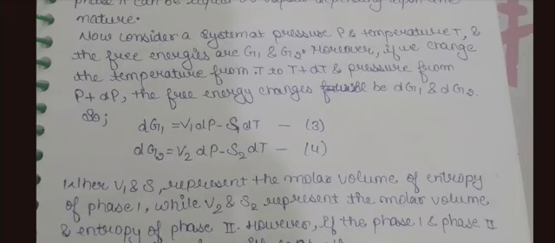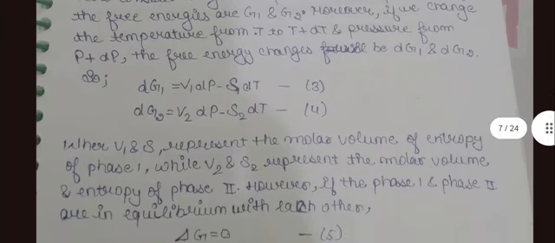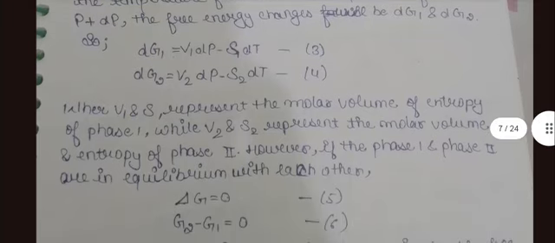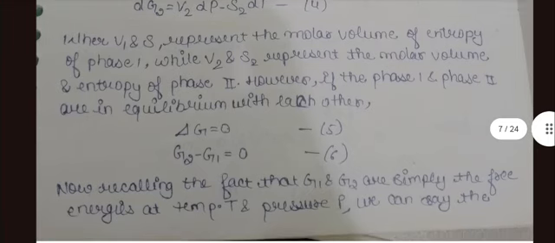If we change the temperature from T to T plus dT and pressure from P to P plus dP, the free energy changes will be dG1 and dG2. So dG1 = V1 dP minus S1 dT, and dG2 = V2 dP minus S2 dT, where V1 and S1 represent the molar volume and entropy of phase 1, while V2 and S2 represent the molar volume and entropy of phase 2.